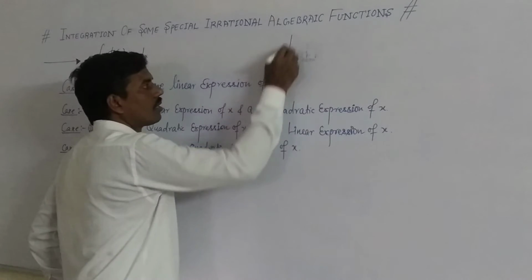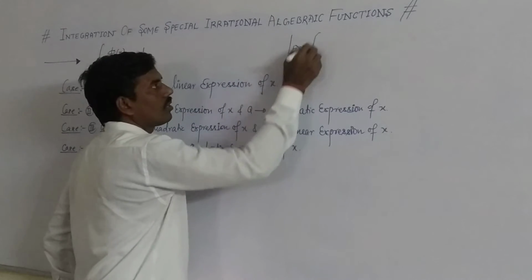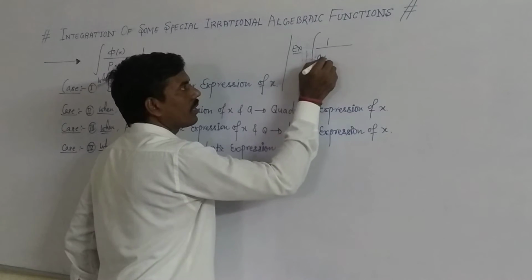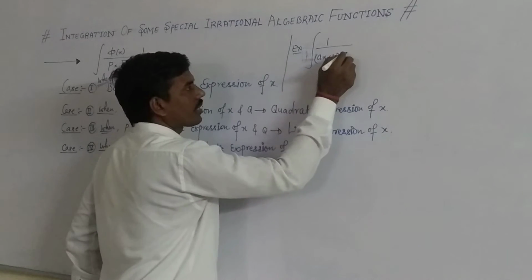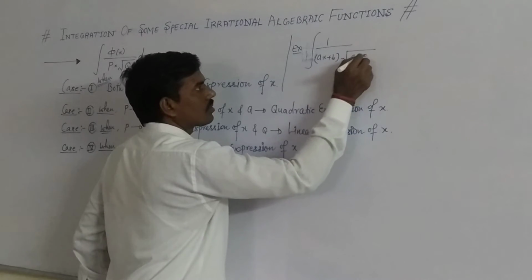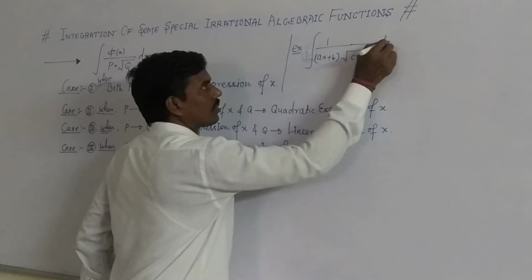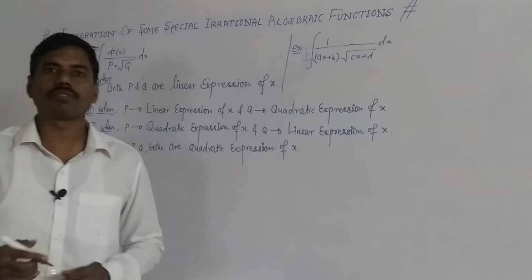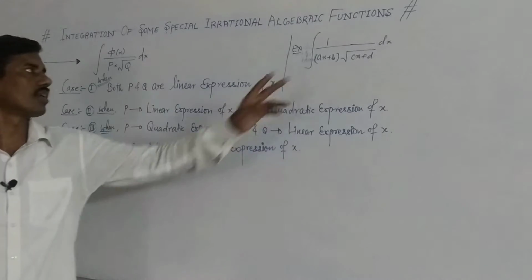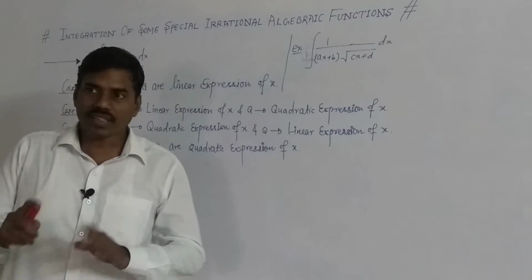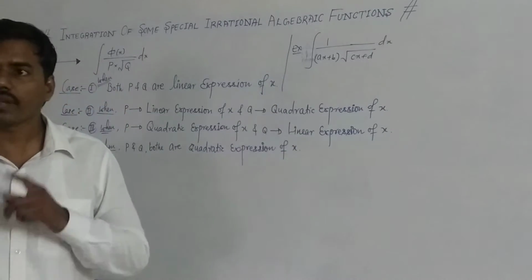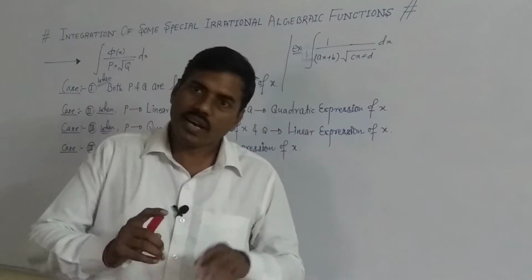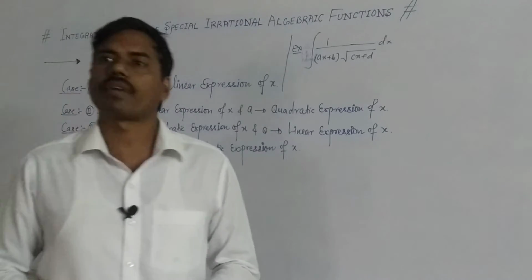For example, suppose we have given the integral of 1 upon ax plus b, which is a linear expression of x, into under root of cx plus d, which is another linear expression of x, dx.